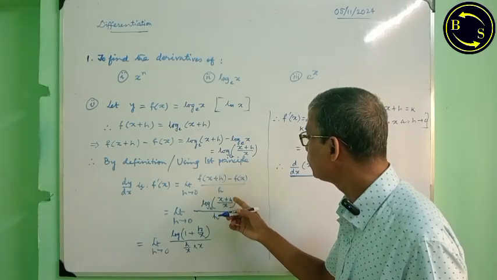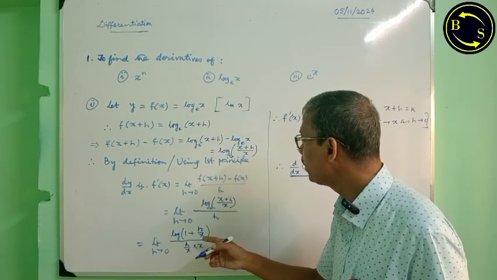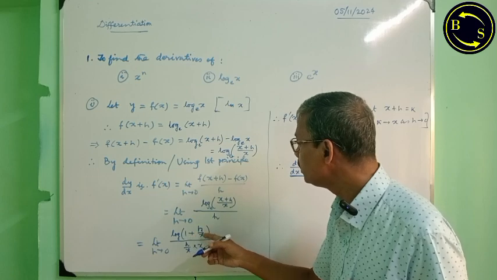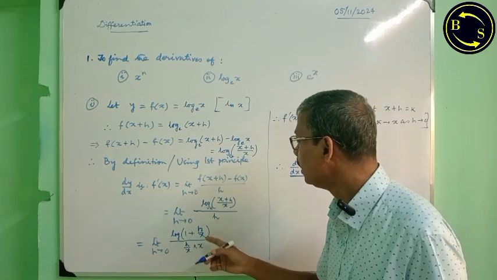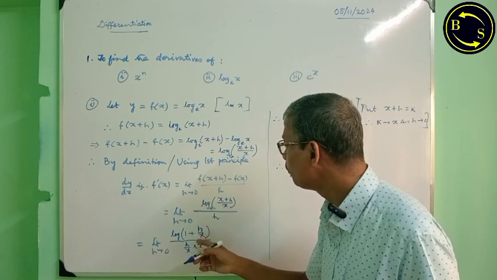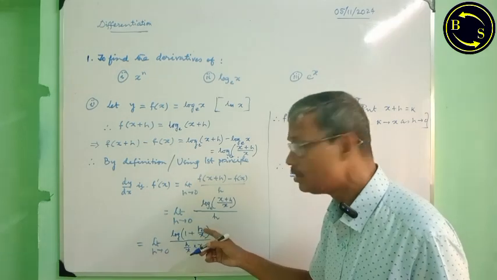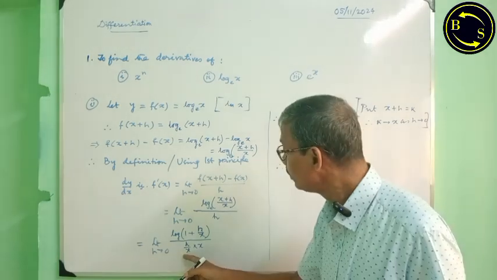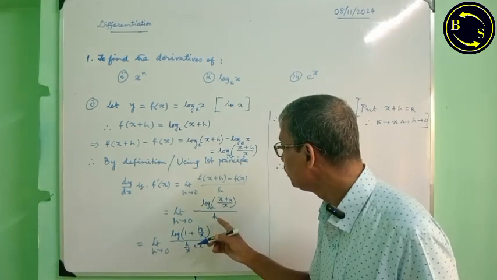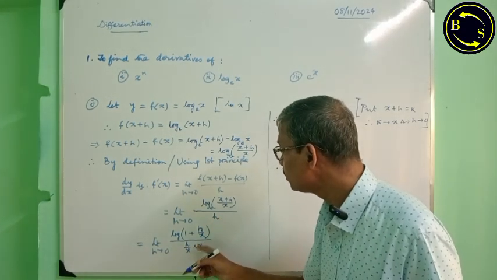First of all, x plus h by x, when simplified, will be 1 plus h by x. Now the derivative is h, and here we find log of 1 plus the term that is to be made here. Therefore, I write in place of h by x, into x.